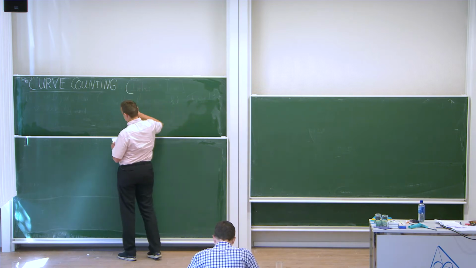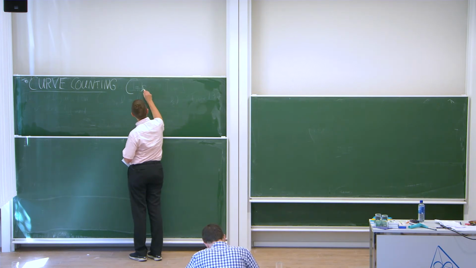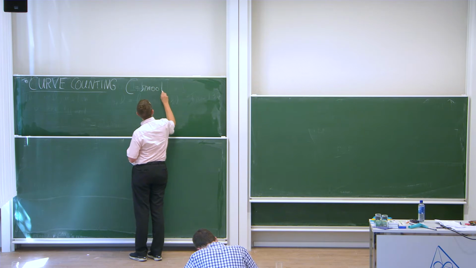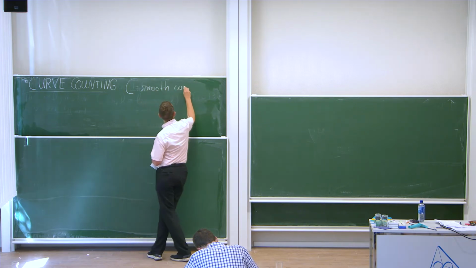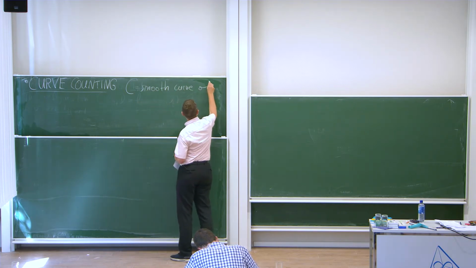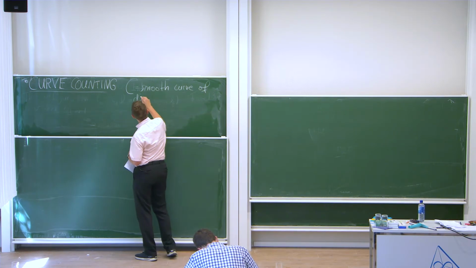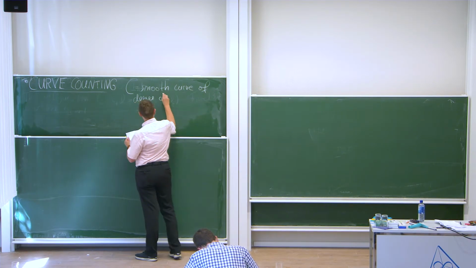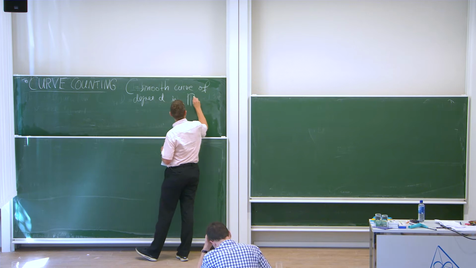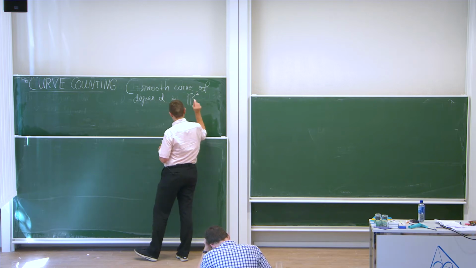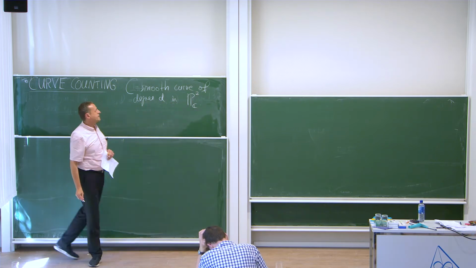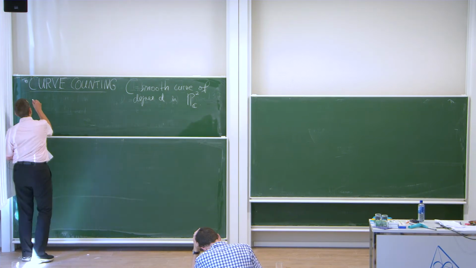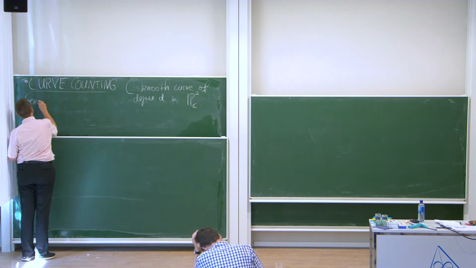So let's say C is a classical plane curve, a smooth curve of degree d in the projective plane. And this is here the complex projective plane. Now that's a Riemann surface.